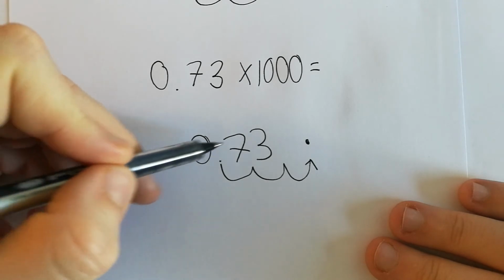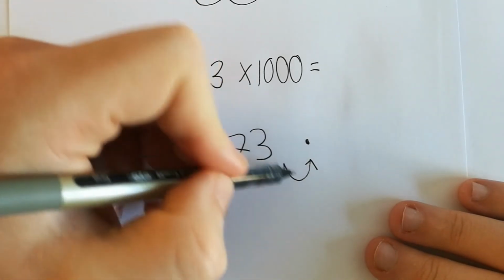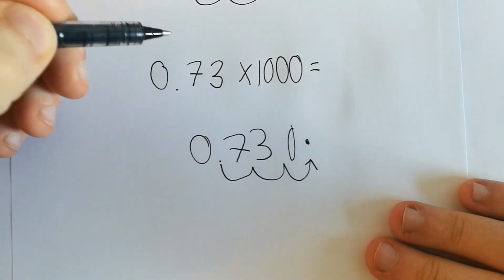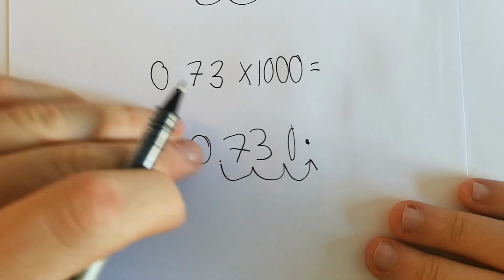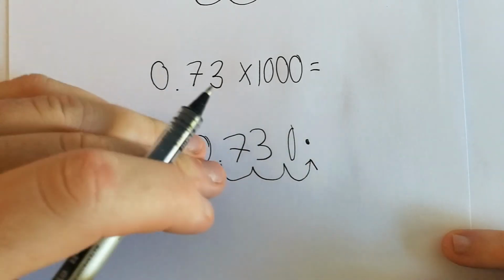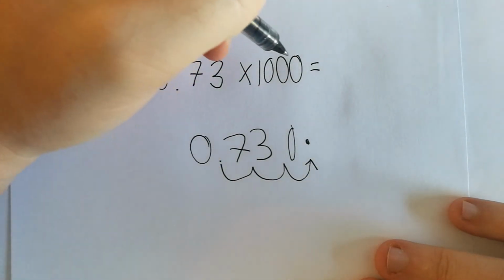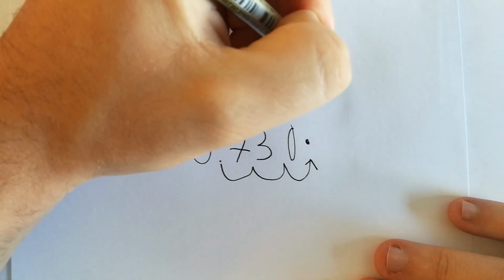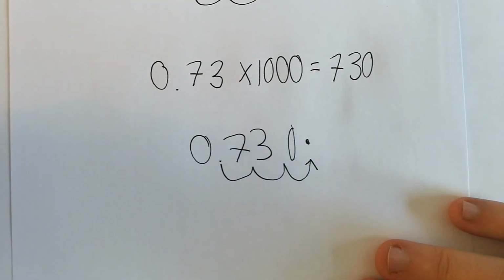And then we've got 0.73 times 1,000. We've got to put in a gap filler here with a 0. This 0 disappears. So we don't need to write this one. It just evaporates. Effectively, just disappears. So our answer to 0.73 times 1,000 is 730, because the decimal point's been moved 3 times.